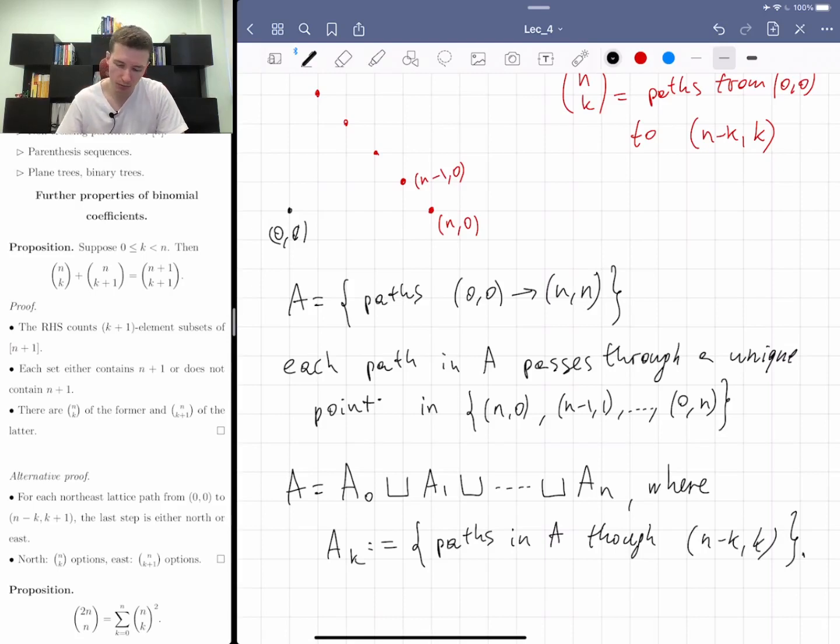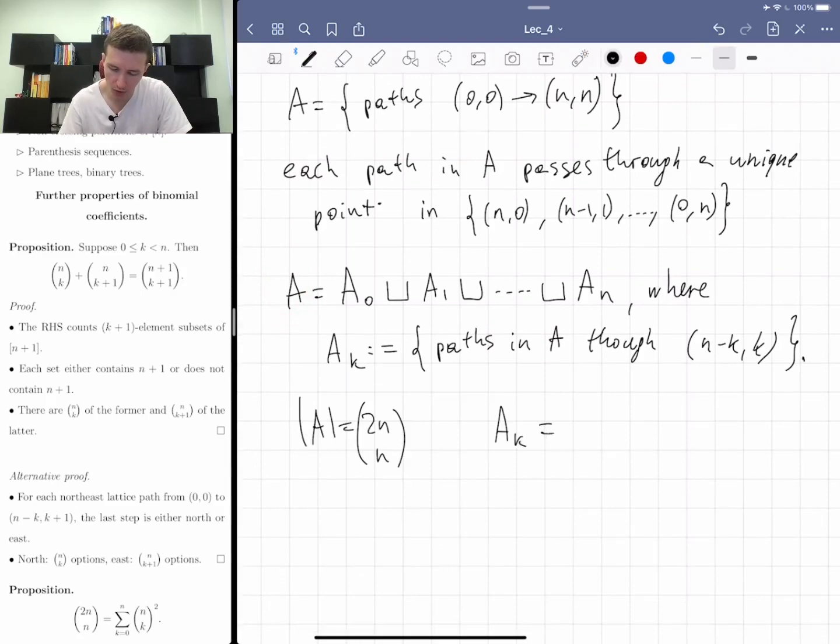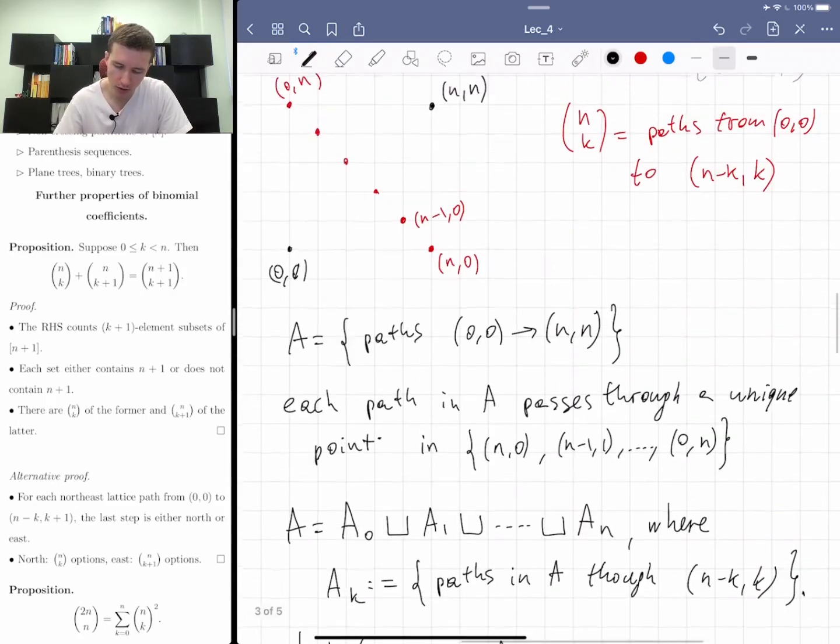So the size of A is 2n choose n, and the size of A sub k is, well, that's where you would use the product principle. If you fix one point, n minus k comma k, then how do we count the paths which pass through this point?